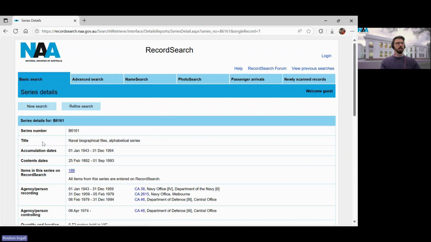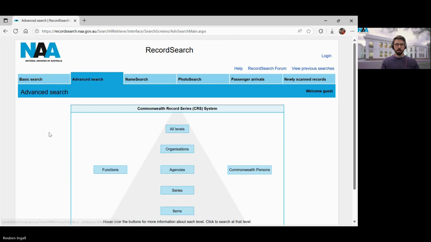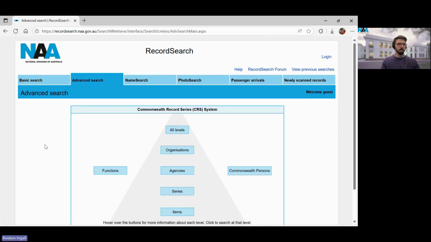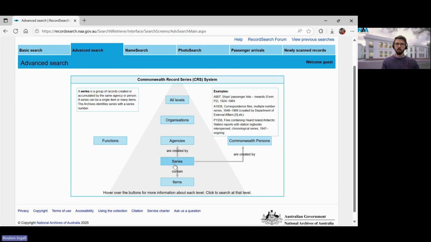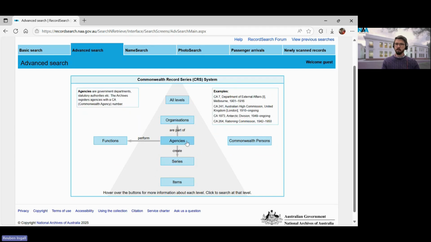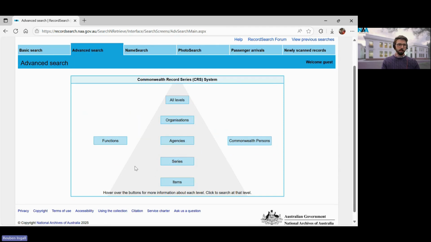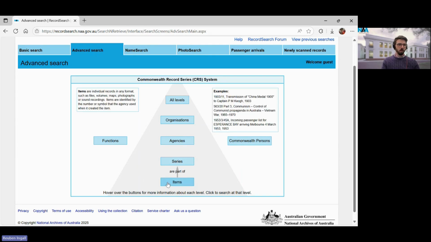Let's have a look at the other search types. Along the top tab here, we have advanced search. Here we go. And this lets you choose at what level you would like to search. So you can search for series or search for different agencies, as well as searching for items.